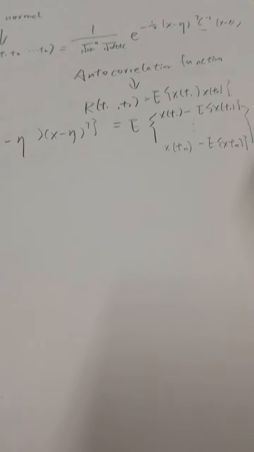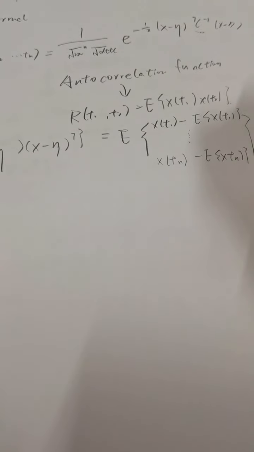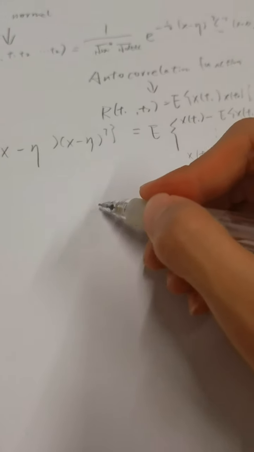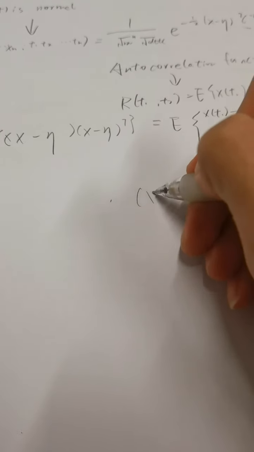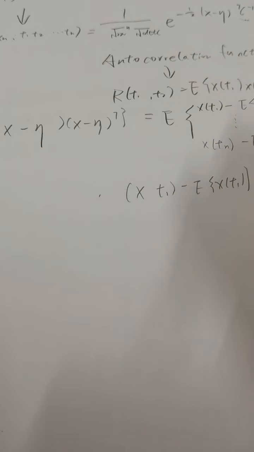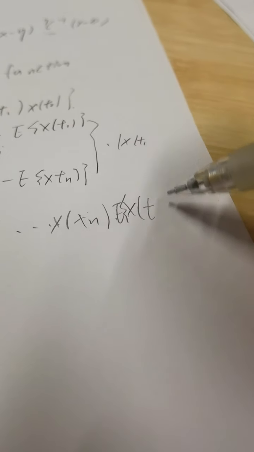times X(t1) minus E[X(t1)], until X(tn) minus E[X(tn)].